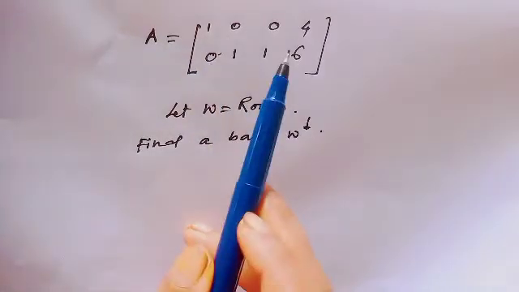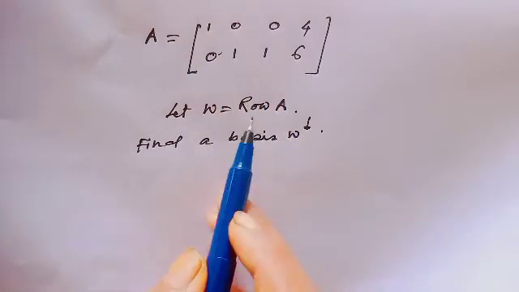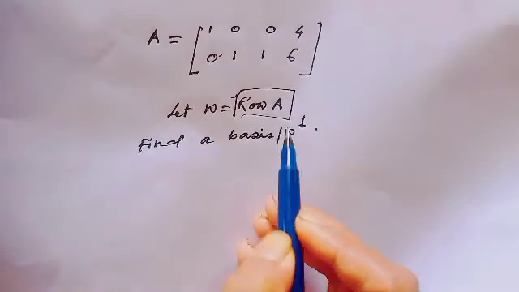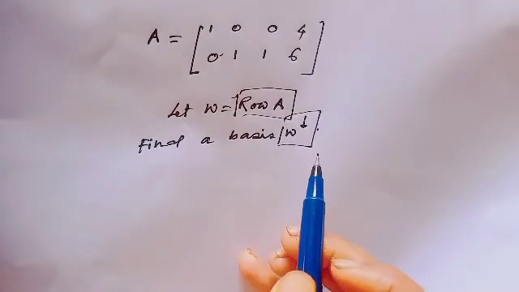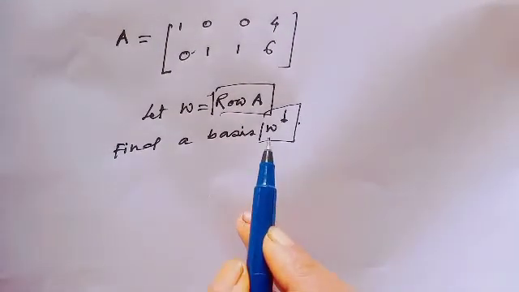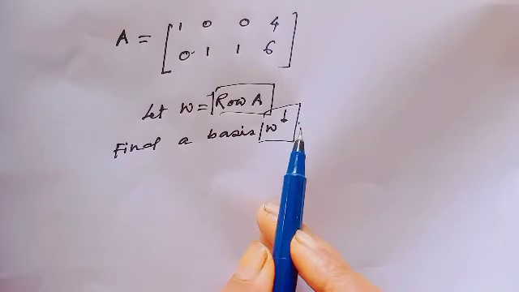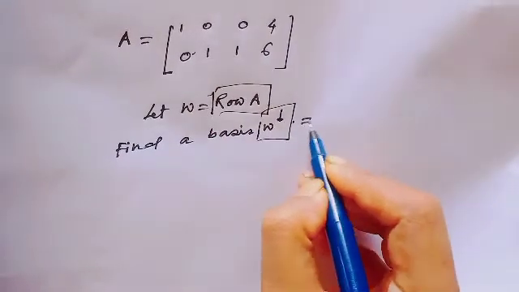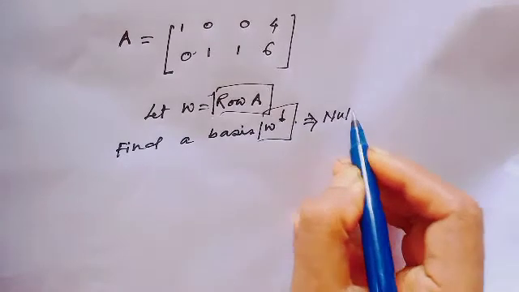Consider the matrix A and W considered as its row space. Then find the basis of W perp. That means we have to find those vectors which are perpendicular to all vectors of the row space, and we all know this is nothing but the null space of this matrix.